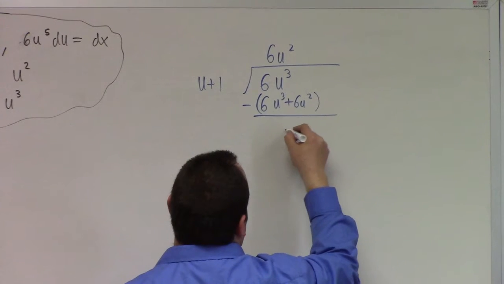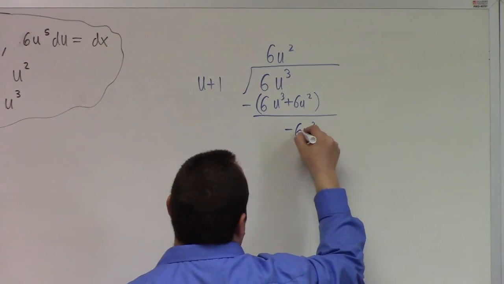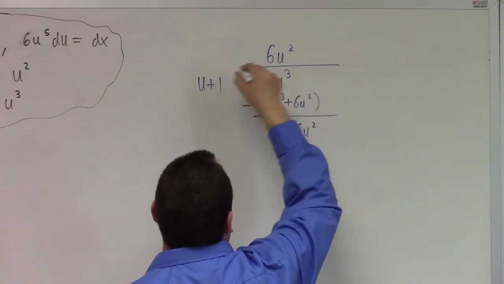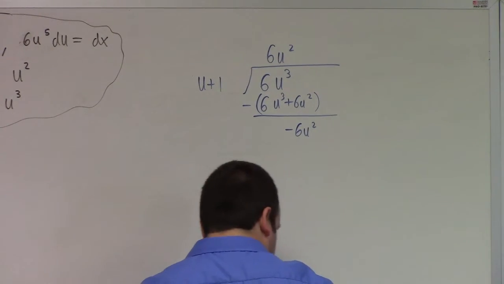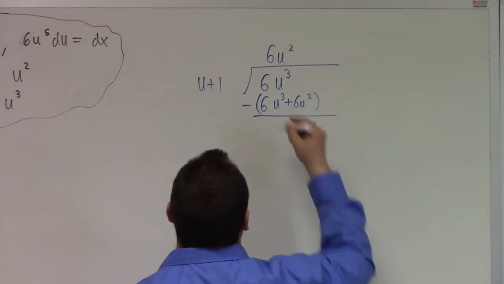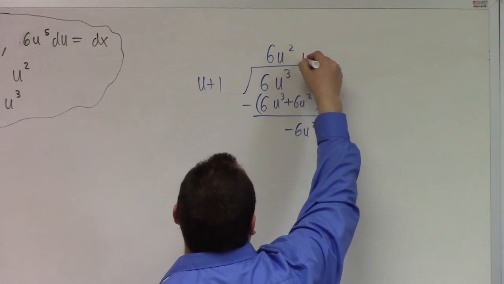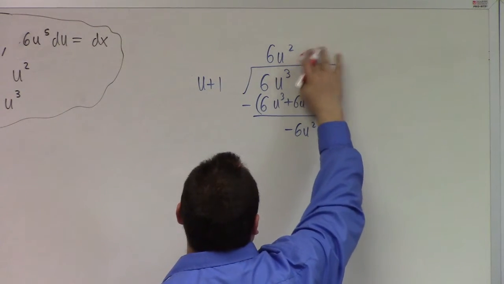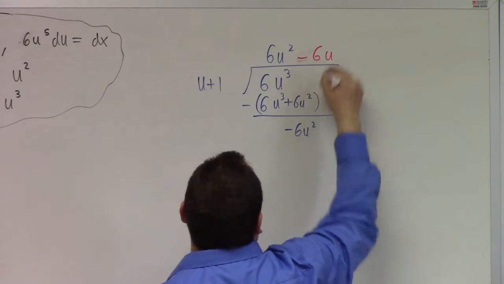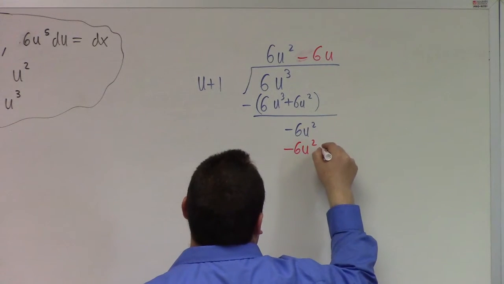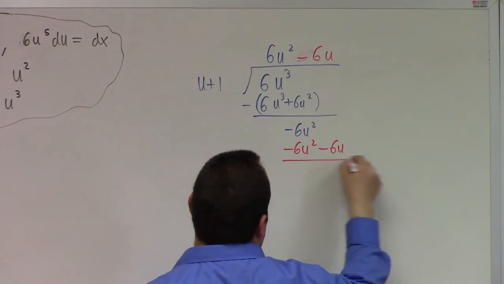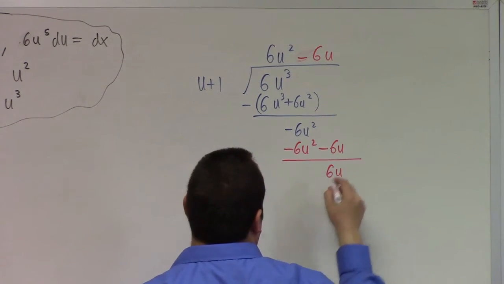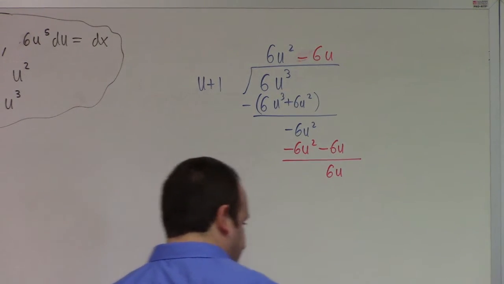So that gives me minus 6u squared. What's my second? What did you say? Plus 6u? Or minus 6? Minus 6u, right? Then what?